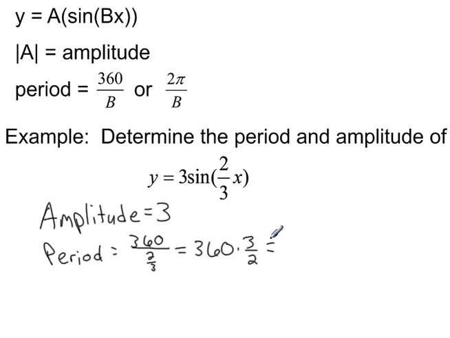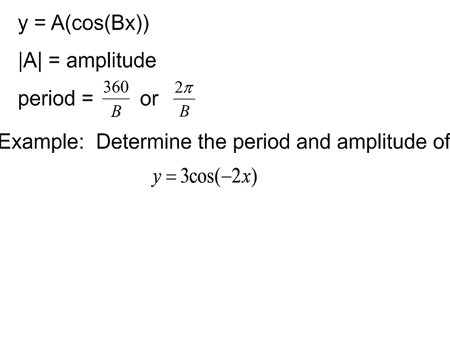So 3 times 180, that's going to be 540. So the period is 540 degrees. So it takes 540 degrees for this graph to start repeating.